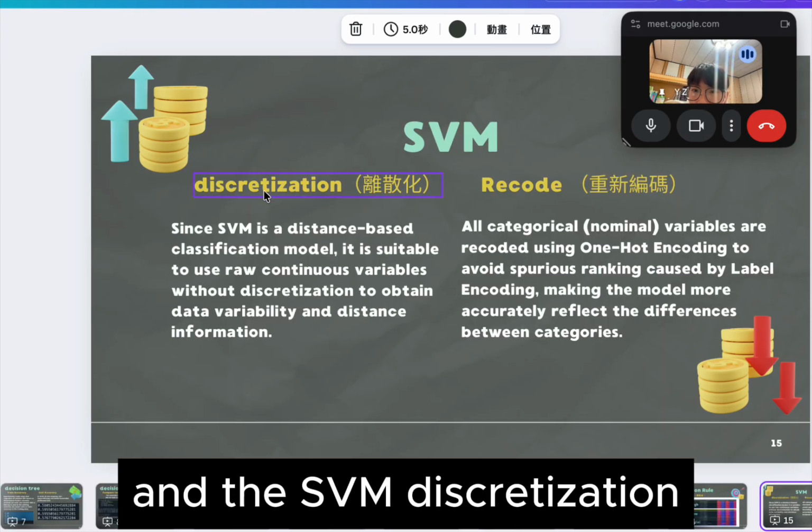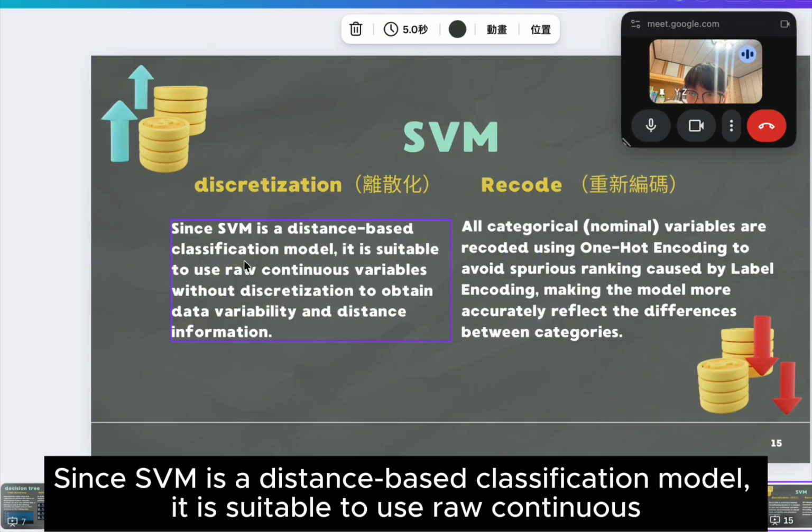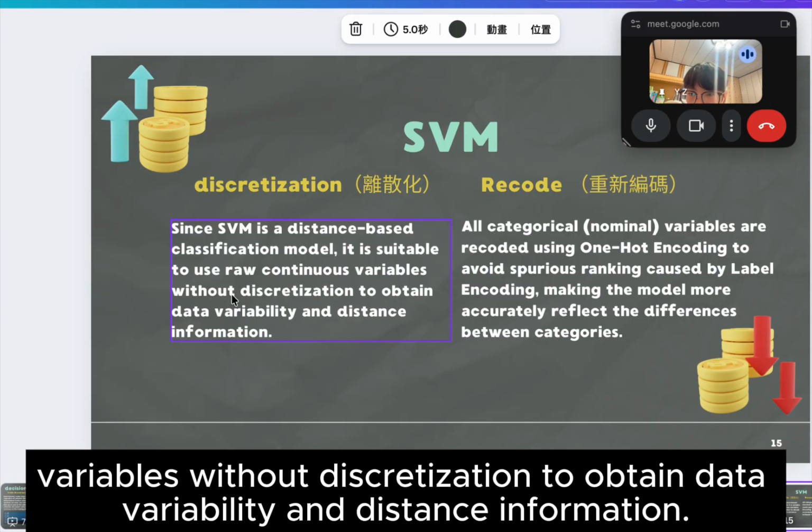And the SVM declaration, since SVM is the best concept model, is started to use continuous values without discretization to retain value and distance information.